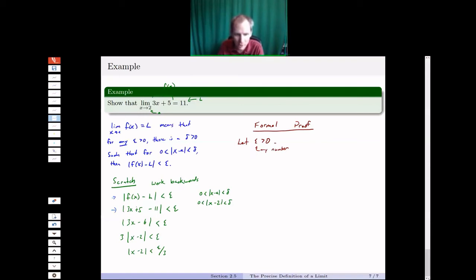And all the x values that make this second statement true make this third statement true because it's the same thing. 5 minus 11 is just negative 6, so we've just rewritten it. That's all we're doing, rewriting stuff. So these are all logically equivalent. It's the same x's that make each of these true.